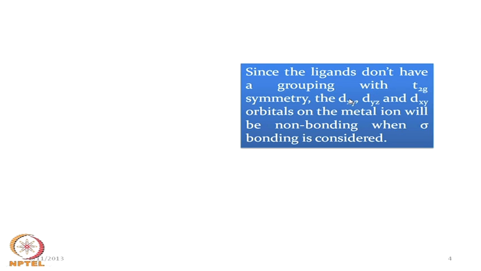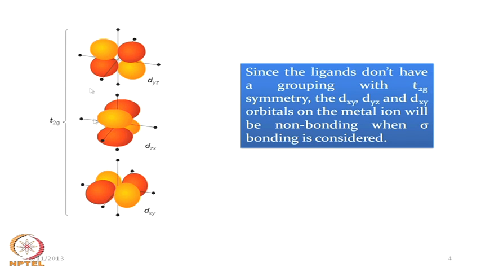So, these three orbitals xy, xz and yz we will consider as non-bonding, because we do not have the corresponding matching orbitals available from the ligand side. So, we will have only the T2g set, what we have seen in crystal field theory.